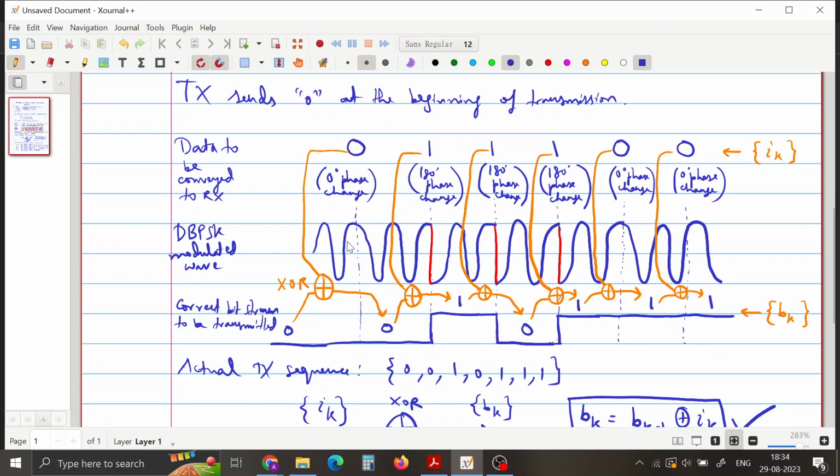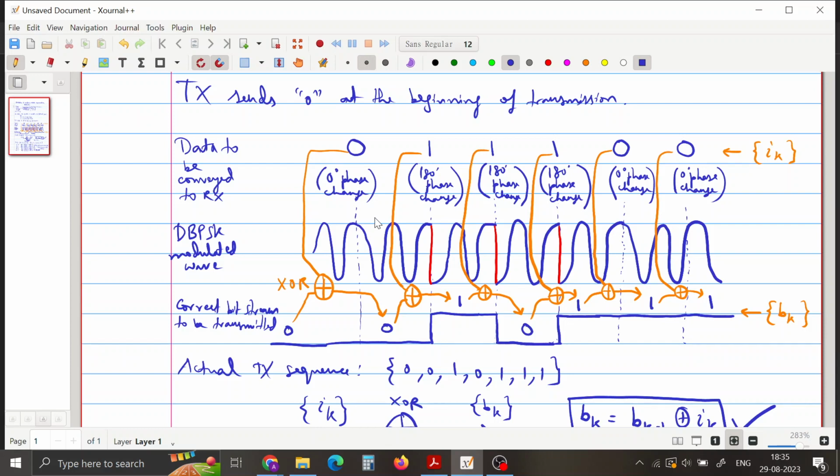Why not AND or other operations? If you try any other, let's say OR gate, will the OR gate satisfy this requirement?